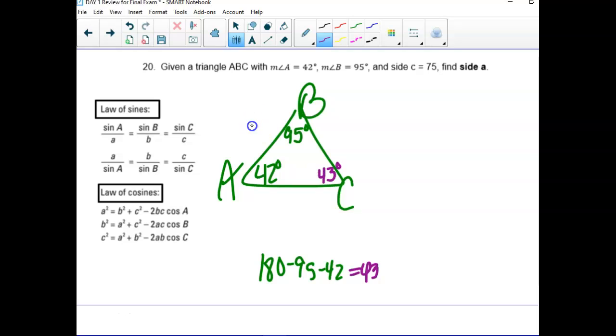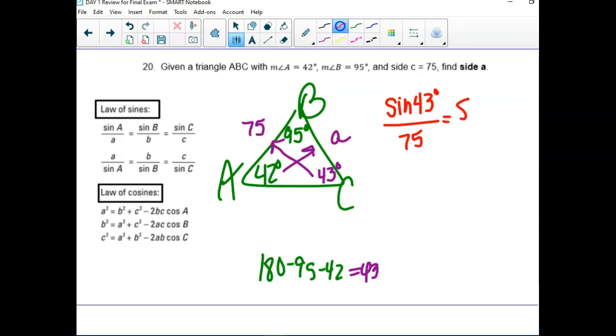Because then it says side C is 75, find side A. We can use law of sines as long as we find that 43-degree angle, right? So then we'd have the sine of 43 is across from a side of 75, and the sine of 42 is across from a side of A. Then you just cross multiply.